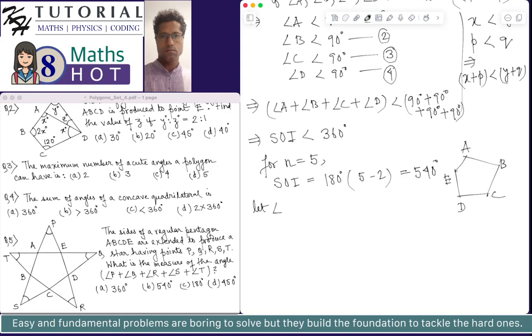Okay. Now, which angles to consider acute in this pentagon ABCDE? We can consider any angle, it does not matter.